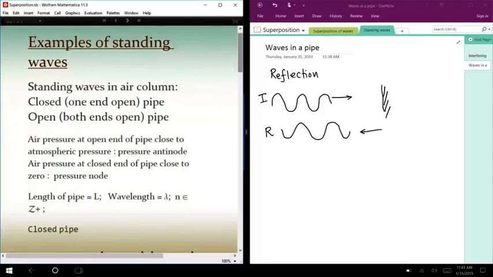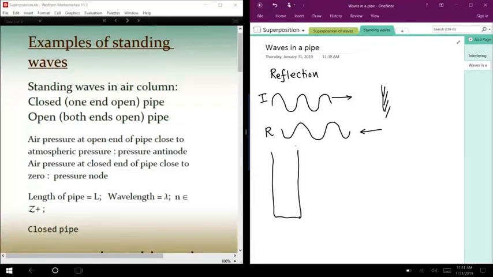So let's talk about a closed pipe. Let's think about a pipe that is closed, and usually closed pipe refers to a pipe that is open on one end. So if I have a pipe that looks like this, right? Often these pipes appear in musical instruments or organs, stuff like that.